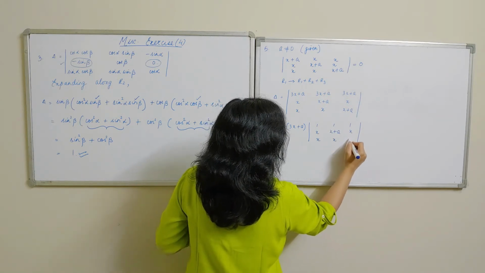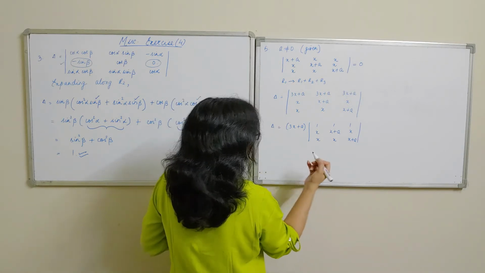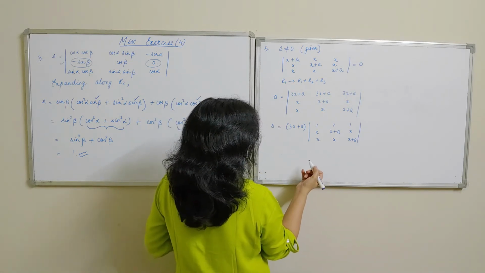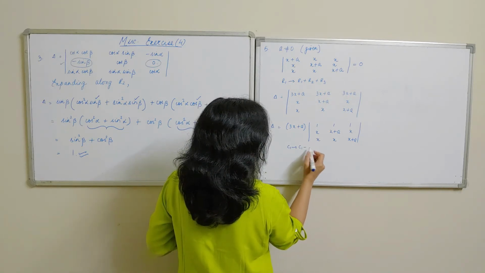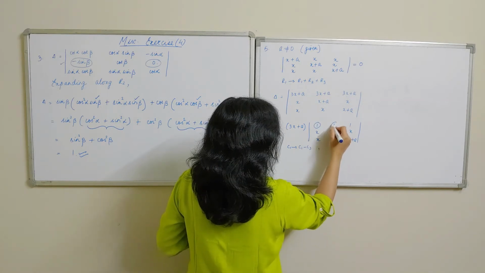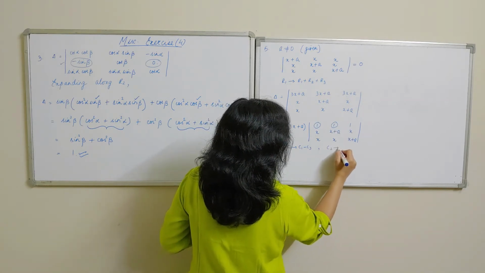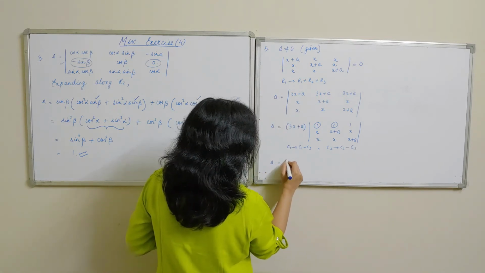Now the moment we get three 1s, any two can be converted to 0. So suppose I am performing this operation C1 as C1 minus C3. I'm converting this into a 0 and I want to convert this into a 0. C2 minus C3.